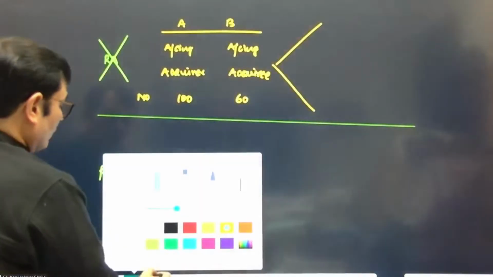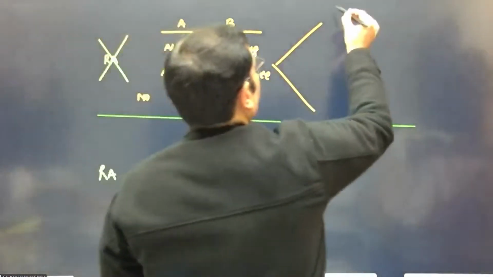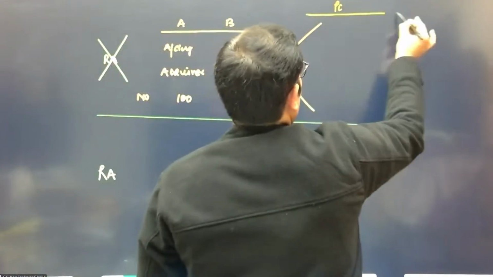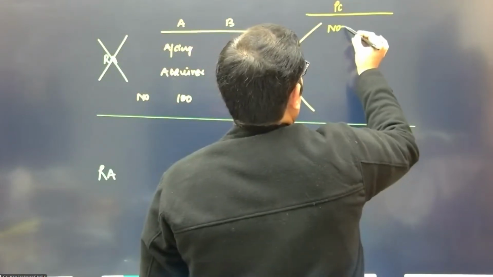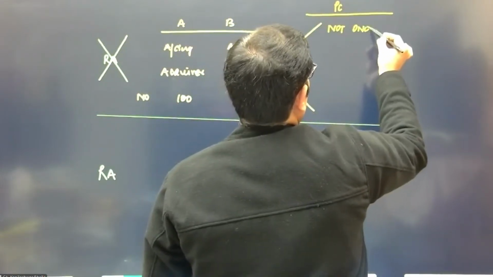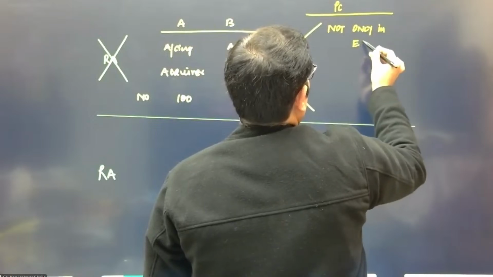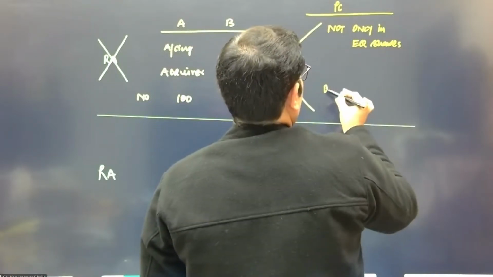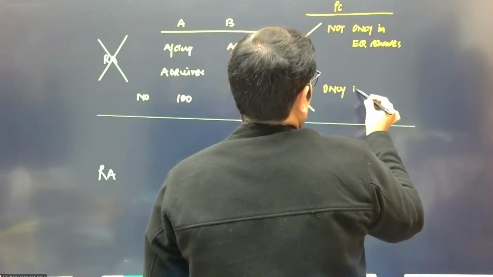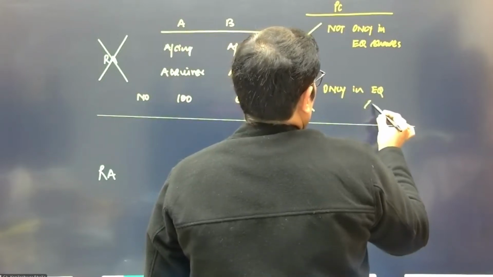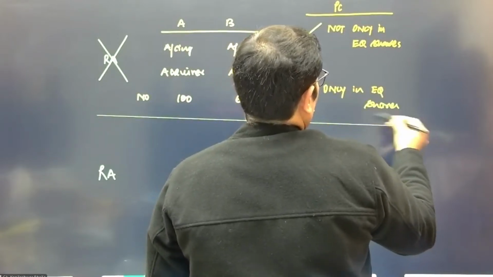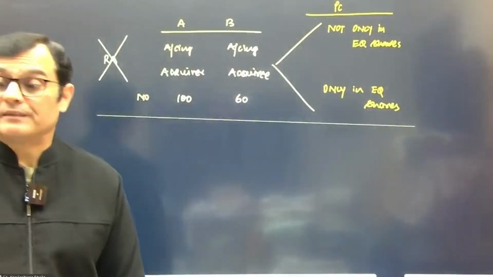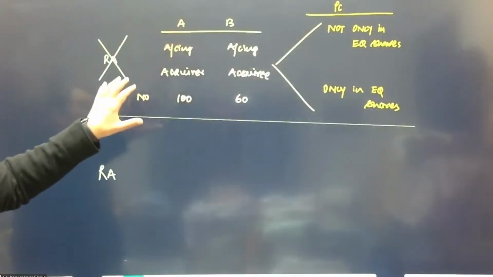So I am now looking at the fact that the purchase consideration is not only in equity shares, or we are looking at the fact that it is only in equity shares. So get the points very straight. Now let's put the questions to you.